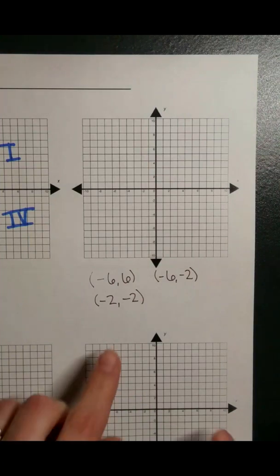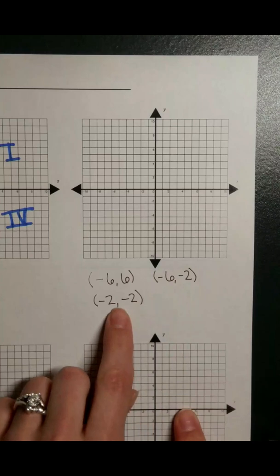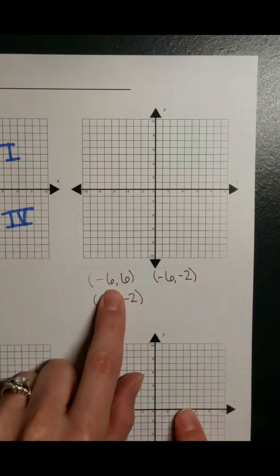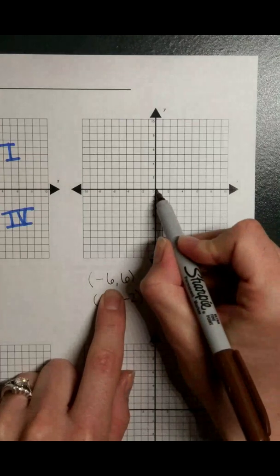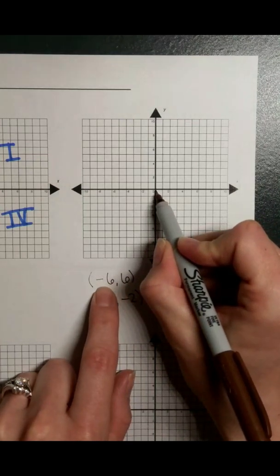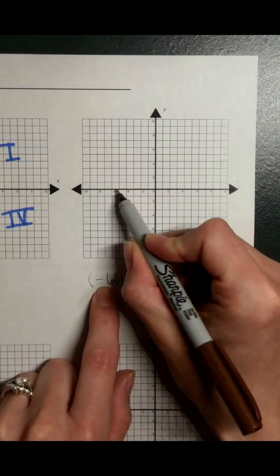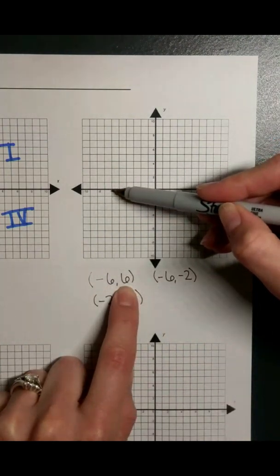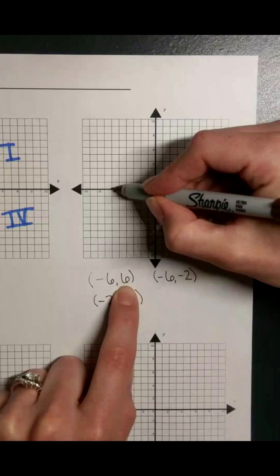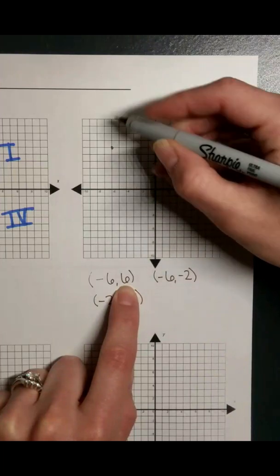The way you would do that is you would take each point and plot them on your graph. So the first one, -6, 6. Starting from the origin, -6 is my x, so I move 6 spaces to the left. And then 6 is positive for my y, so I'll go 6 spaces up, and I'll plot my point.